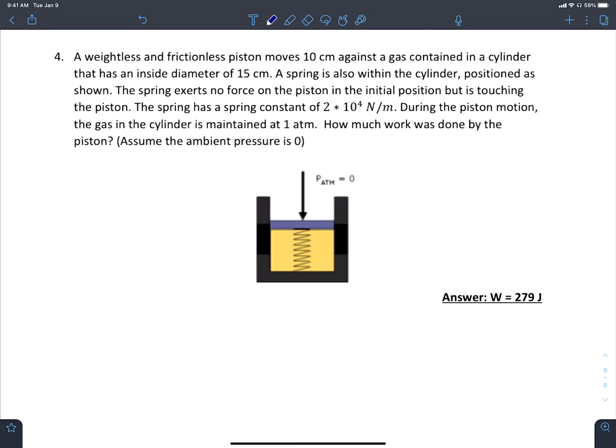The spring exerts no force on the piston in the initial position, but is touching the piston. The spring has a spring constant of 2 times 10 to the 4th Newton per meter. During the piston motion, the gas in the cylinder is maintained at 1 atmosphere. How much work was done by the piston? Assume ambient pressure is 0. So let's take 5 minutes, and I'll let you guys work on that.